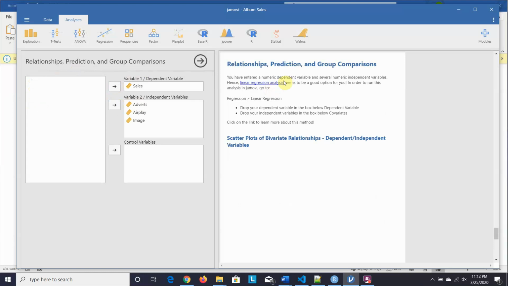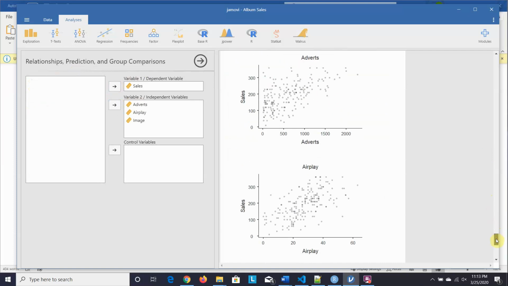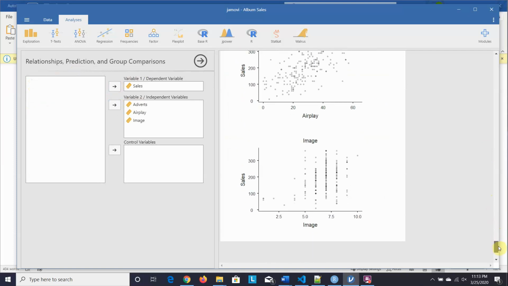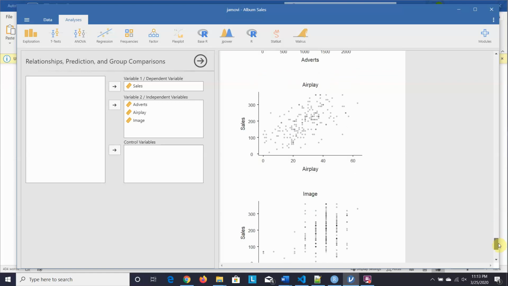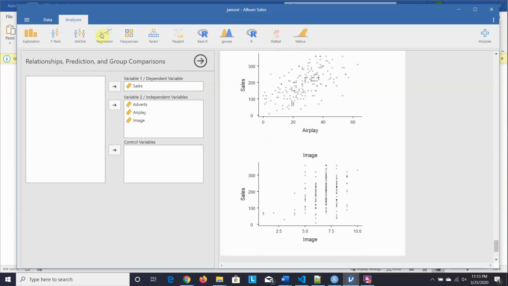We can see that we would do a linear regression analysis, and StatCat does give us a nice scatter plot for each of our variables here. We can see I have a pretty much linear relationship. And we'll talk a little more next week about some regression diagnostics.